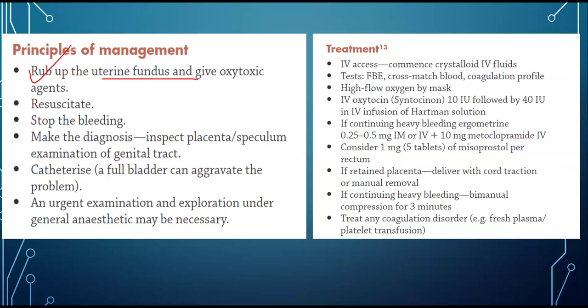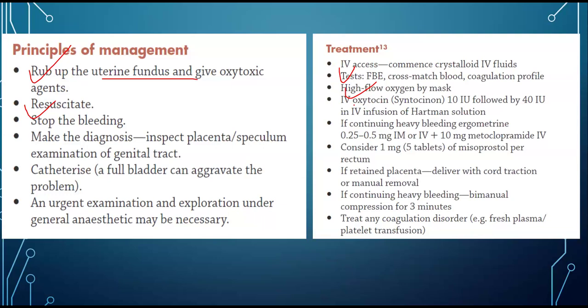Once you have done that, or while you keep doing that, you will also do the resuscitation. So IV line, take the blood, start fluid. Once blood is available, then give blood. During that time, what else would you do? You look at the placenta to see if it is complete or if there is a possibility of a retained placenta.